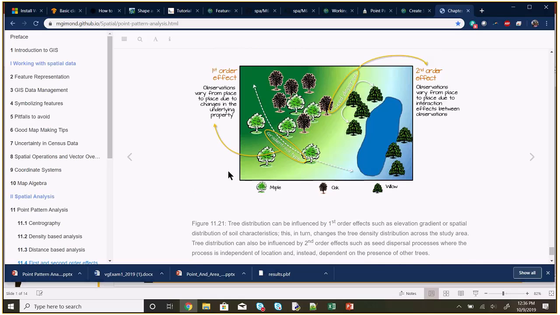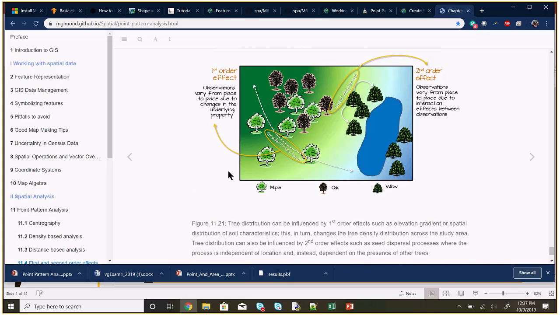Yeah. So the difference between a first order and a second order is that first order effects are one variable's effect on another variable, and second order effects, I think of clustering as one example, are the effect of the spatial pattern of one variable on itself. Okay? And so a lot of spatial patterns cause clustering, especially in nature.